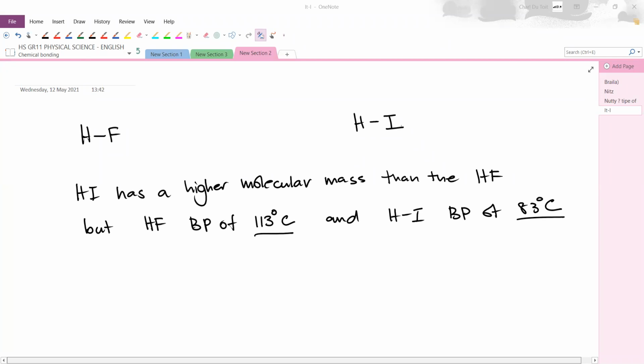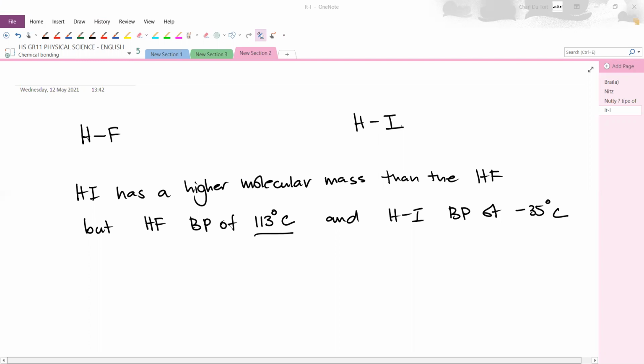Oh, damn. It is actually minus 35 degrees Celsius. I can't believe that. Anyway, so it's negative 35 degrees Celsius. It's actually a very low boiling point. Let's look at hydrogen fluoride.